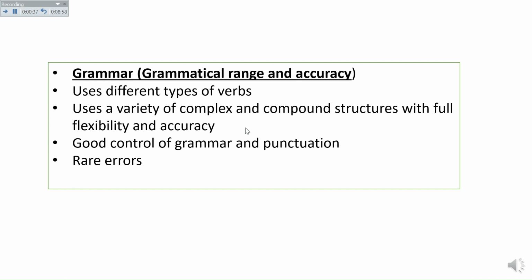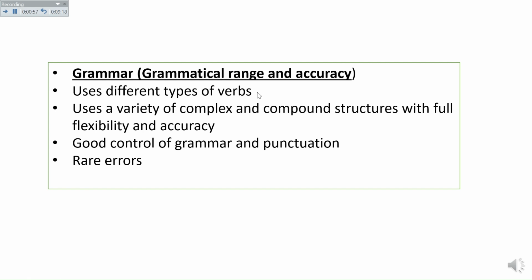Now, what are complex and compound structures, guys? If you don't know that, I have made videos with very easy examples. You can watch them and learn how to make complex and compound structures. And the third one is you should have good control of grammar and punctuation. You should know where to use punctuation, right?